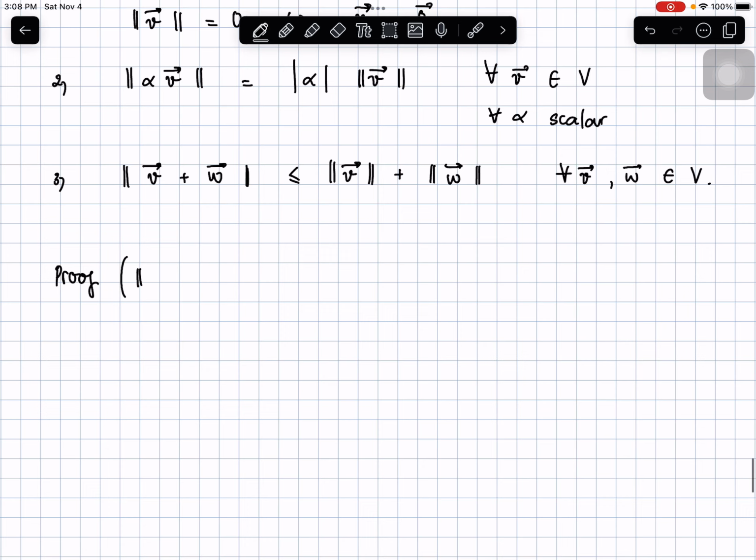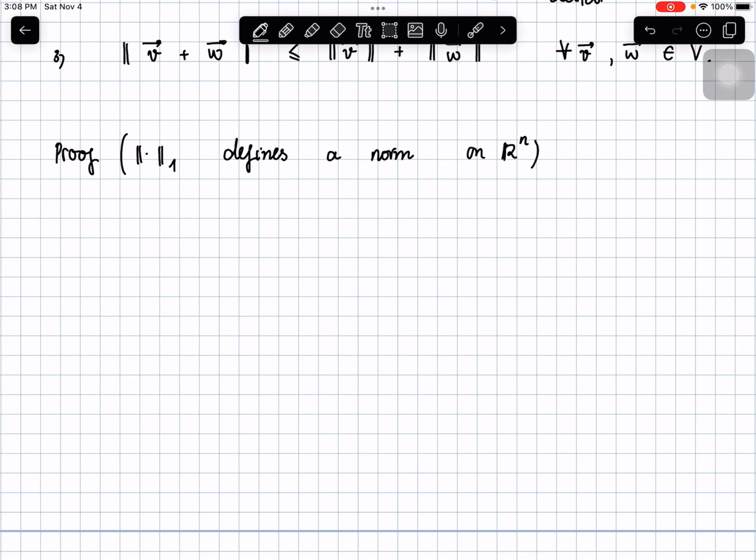We prove that this norm 1 defines a norm on Rn. So condition 1.